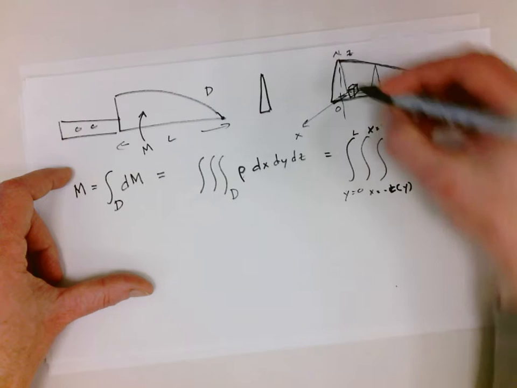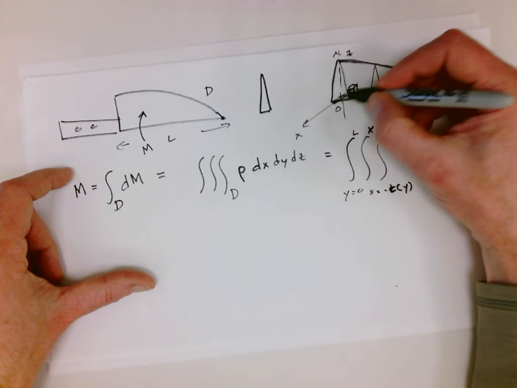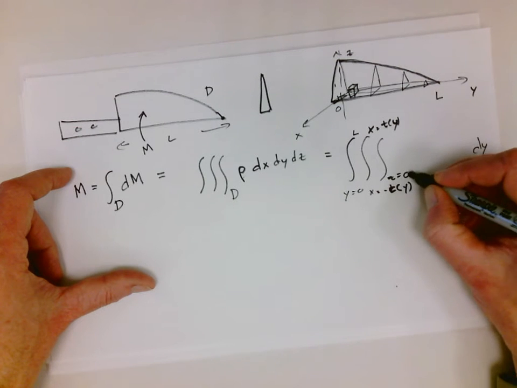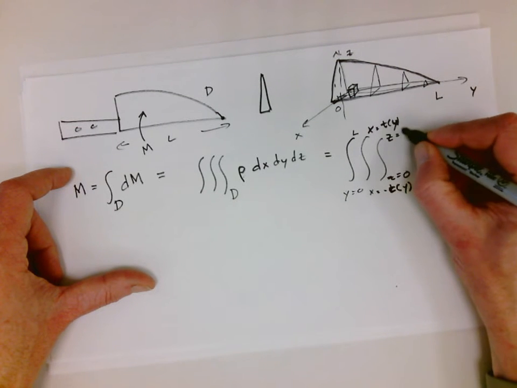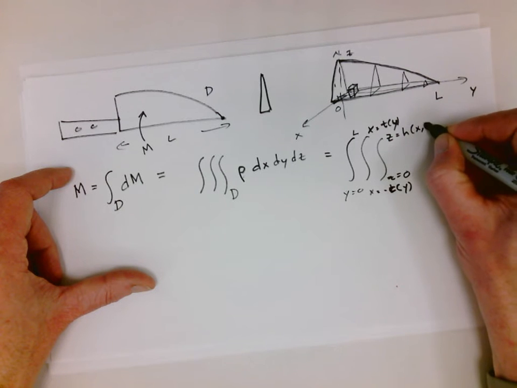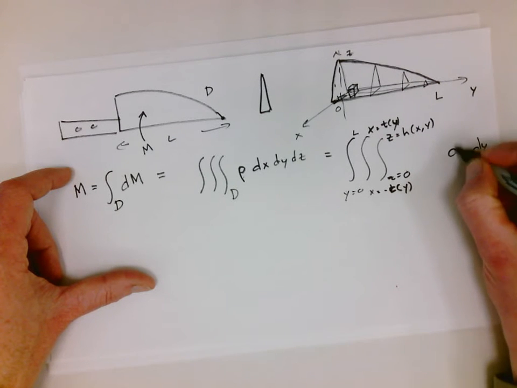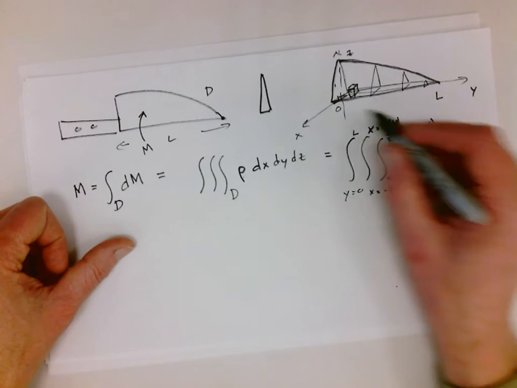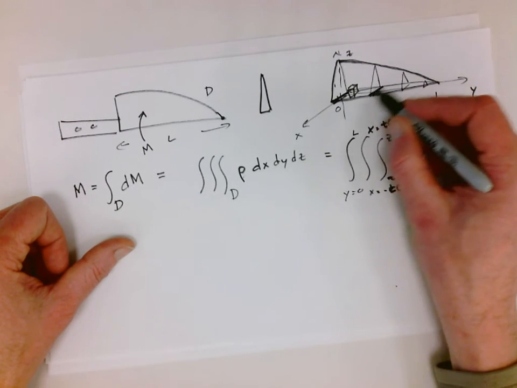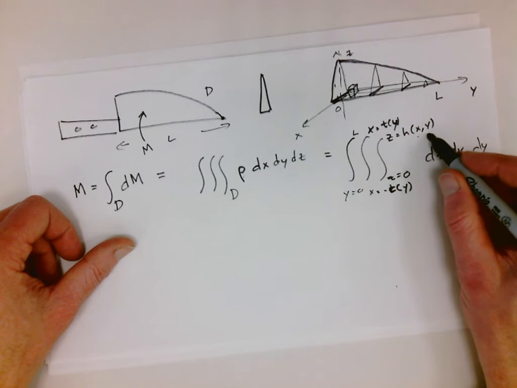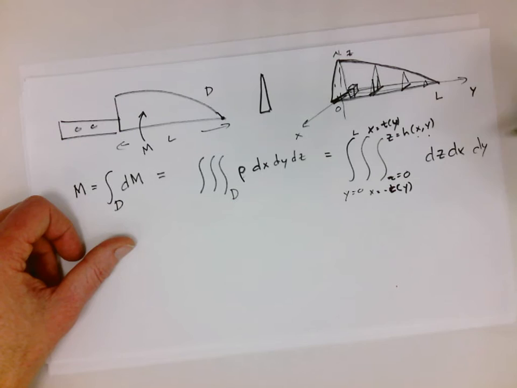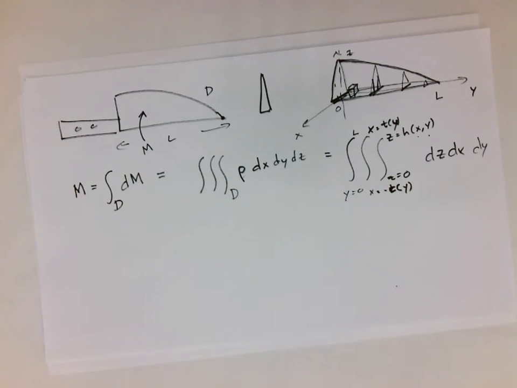And then z is going to depend on both x and y, so z goes from 0 up to some height, where the height is some function of both x and y. I'd need to figure out this function t as a function of y, which tells me how wide the blade is. I'd also need to figure out this function h, which tells me how high the blade is at any given xy coordinate. So that's one way that I could do that.